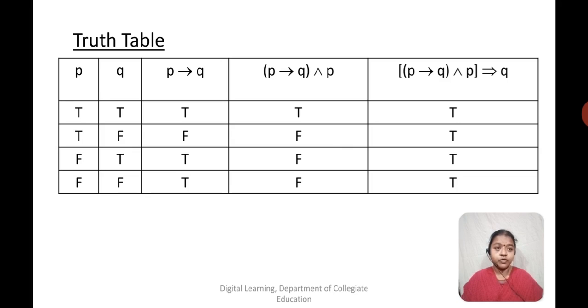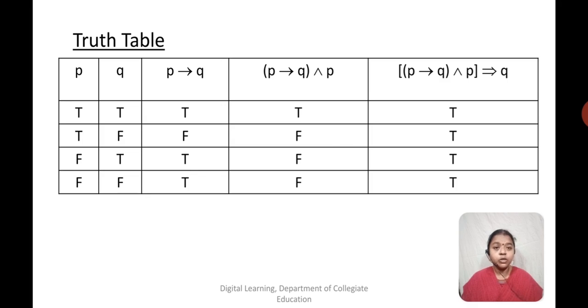Next, with column 4 and column 2, you have to use the implication symbol. Now, when is this implication false? When the first one is true and the second one is false. So in column 4, you have to look for T, and in column 2, you have to look for F, so that it becomes false.